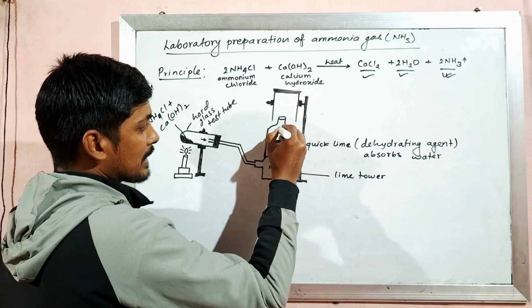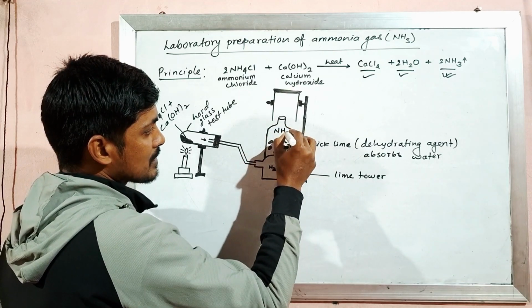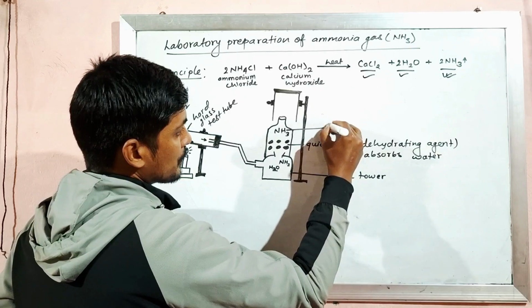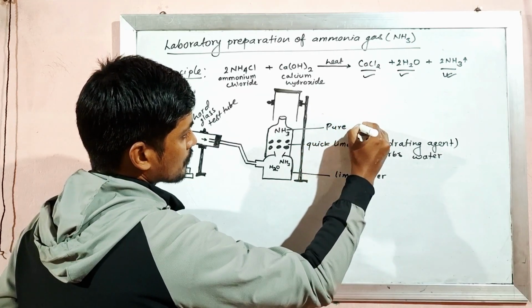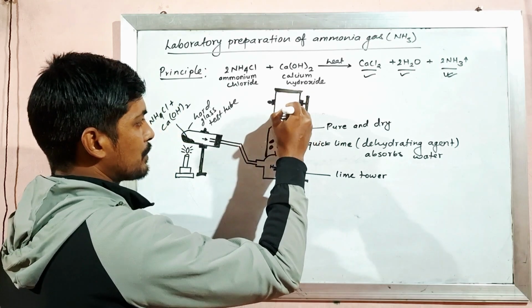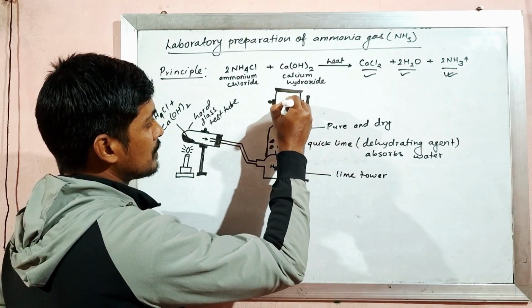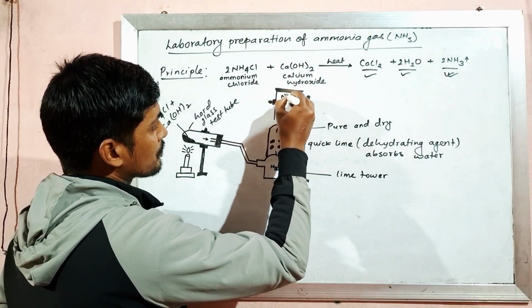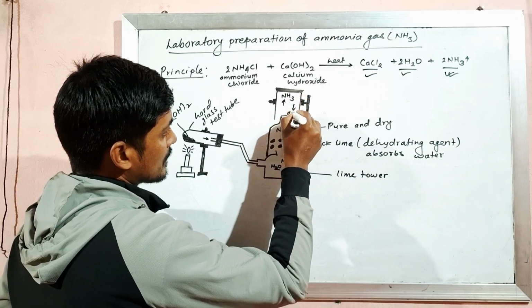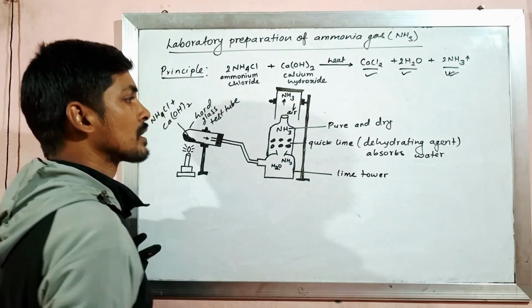Here, the ammonia gas which reaches above this quicklime is pure and dry. This pure and dry ammonia gas passes up into the gas jar and it displaces the air in downward direction.